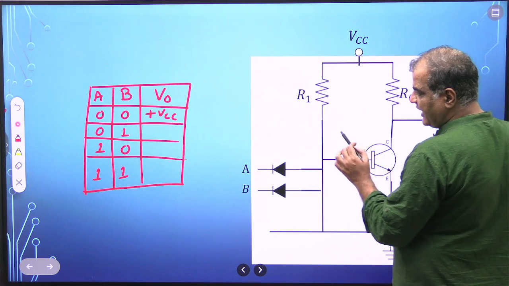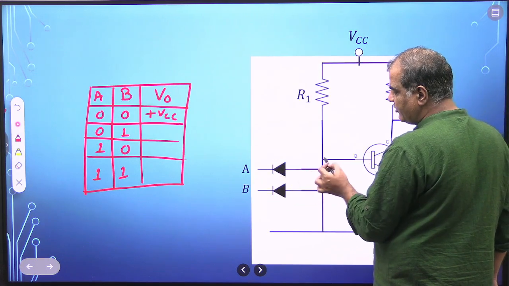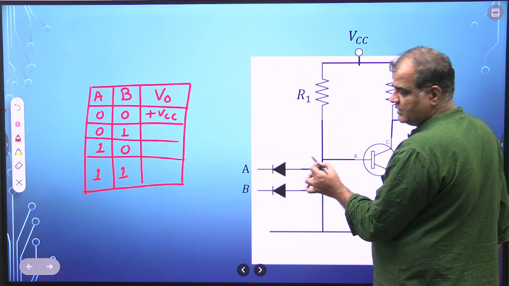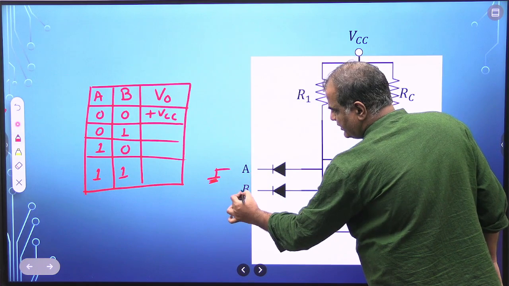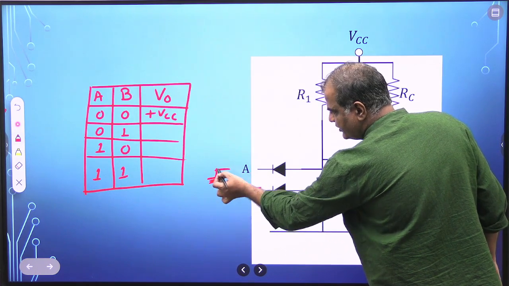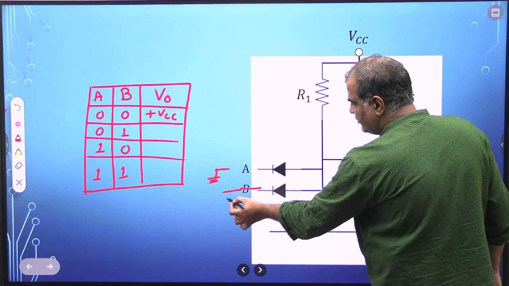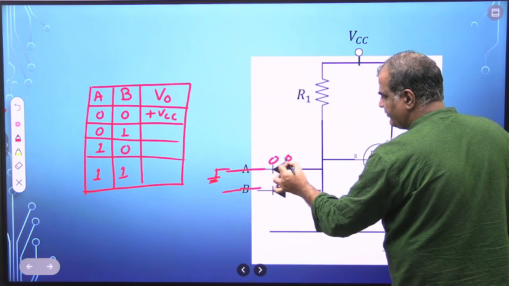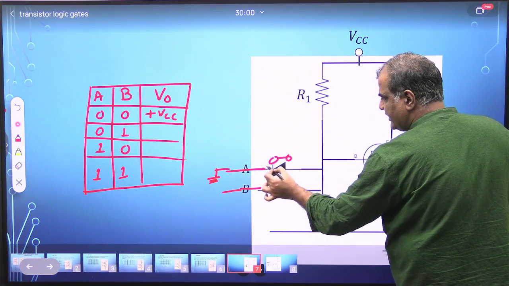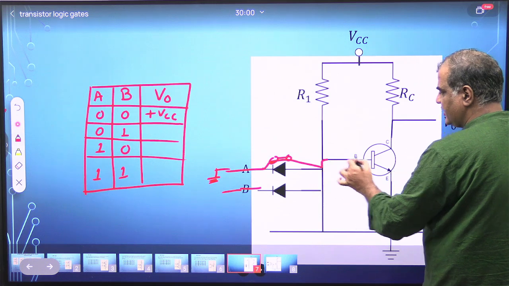So if any diode is conducting, then automatically this point will become 0. इनमें से कोई भी अगर diode ground हो जाएगा, suppose this is ground or this is ground. If suppose this is ground this time, this is conducting, then this ground will directly come to here, and this will be cut off.